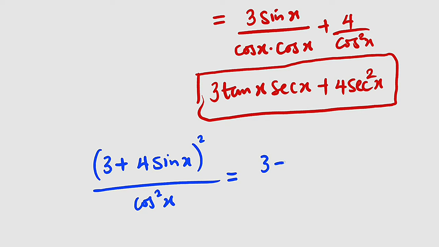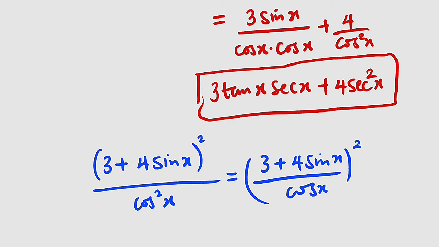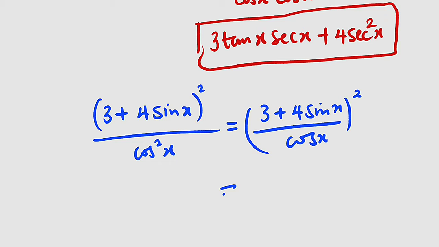So we have 3 plus 4 sin x divided by cosine x, all squared. So 3 divided by cosine x will give us 3 secant x, plus, sine divided by cosine is tangent, so 4 tangent x, whole squared.